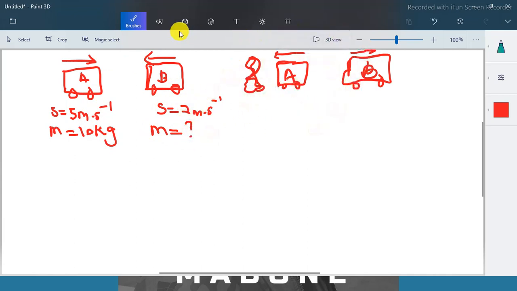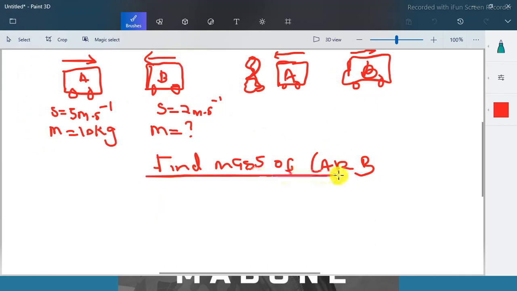Now we have everything about this, right? So now the question is, find the mass of car B. Okay, so you must find the mass of car B, guys.